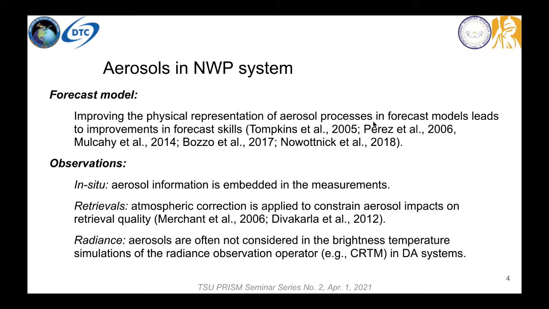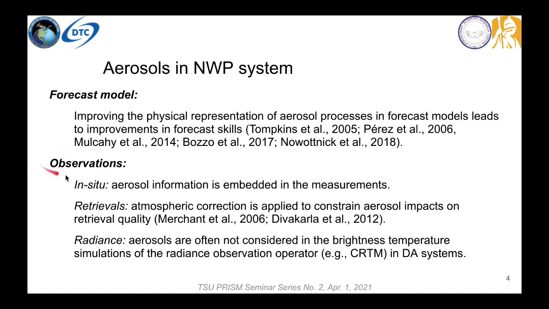In the last couple of decades, most of our efforts focused on the physical representation of aerosol processes, like the direct effect, the interaction with radiation, and also the indirect effect, the interaction with cloud microphysics, cloud and precipitation.